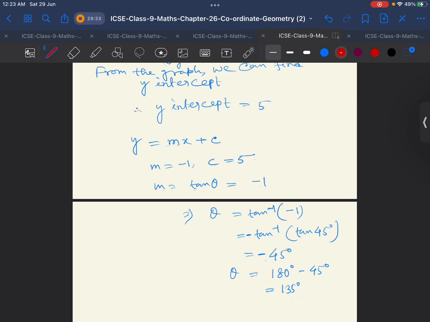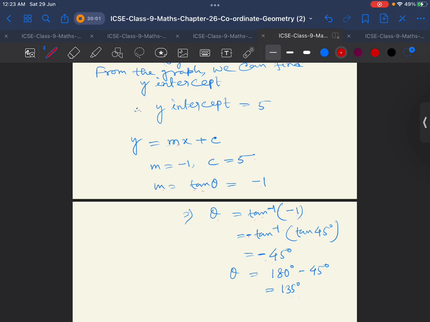So we can write tan theta equals minus 1, and shifting tan to the right-hand side, theta equals tan inverse of minus 1. So here you see minus tan inverse 1. Here 1 equals, we know, tan 45 degrees.